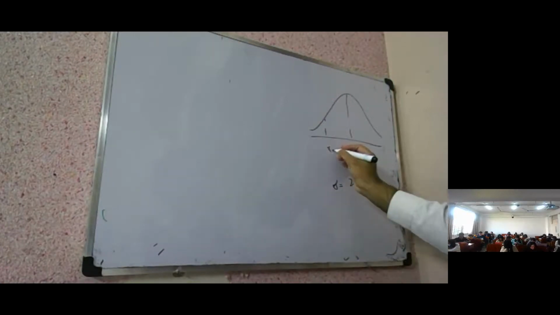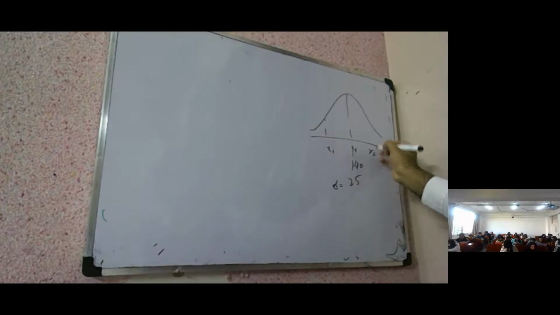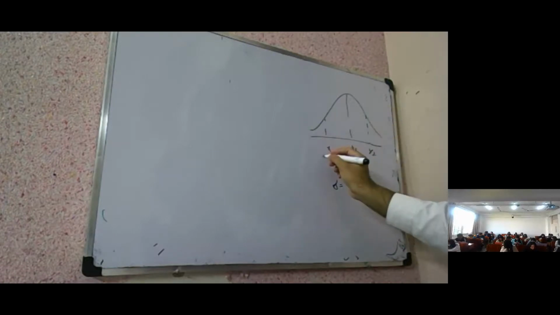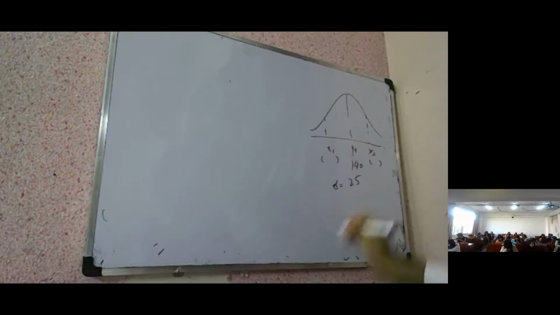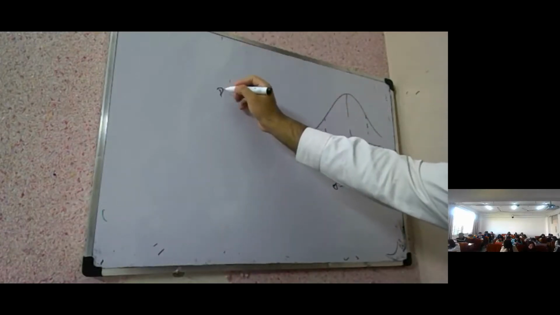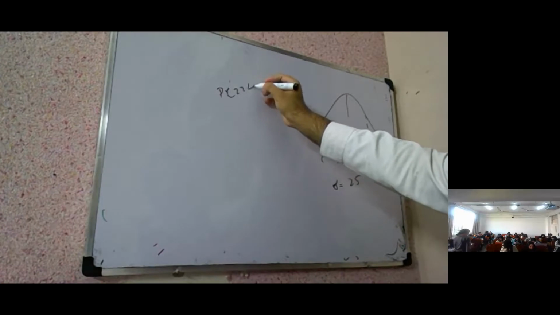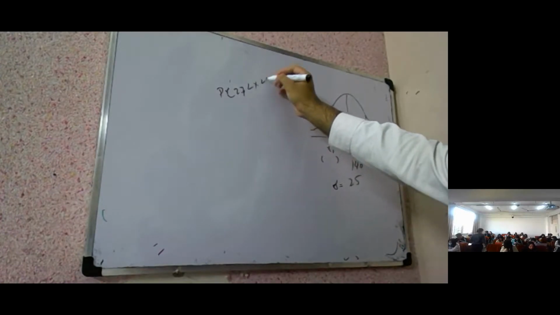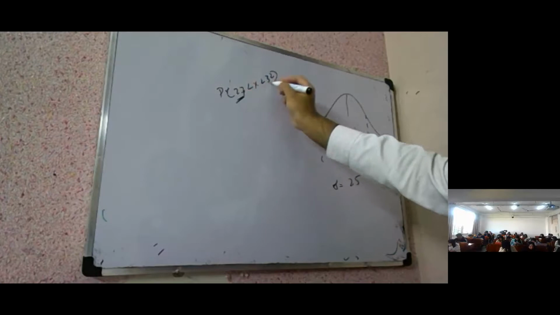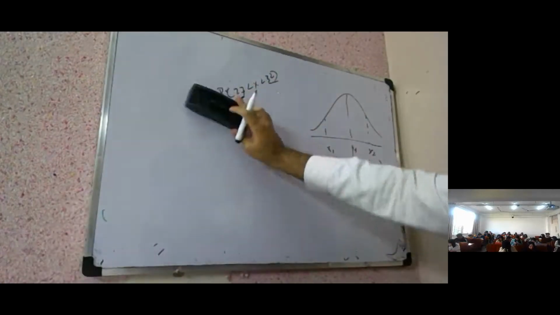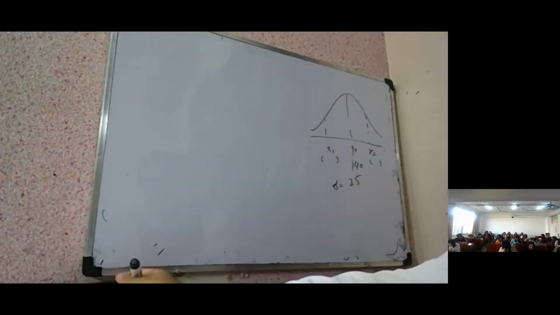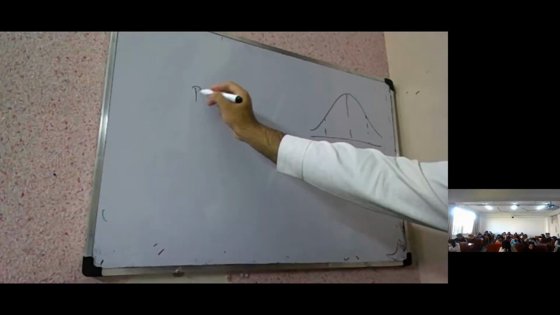So here the interval is given, x1 and x2, but the value is not given. Usually, for example, in the previous example, we had 27 less than x less than 32. So there x1 and x2 are given, but here we don't know. We just know that it's in between the interval.